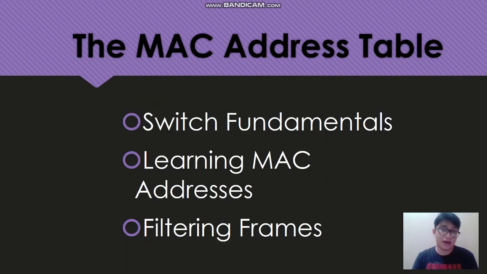So the next one is the MAC address table, which is composed of switch fundamentals, learning MAC addresses, and filtering frames. As we all know, a layer 2 Ethernet switch uses MAC addresses to make forwarding decisions. It is completely unaware of the protocol being carried in the data portion of the frame, such as an IP version 4 packet.